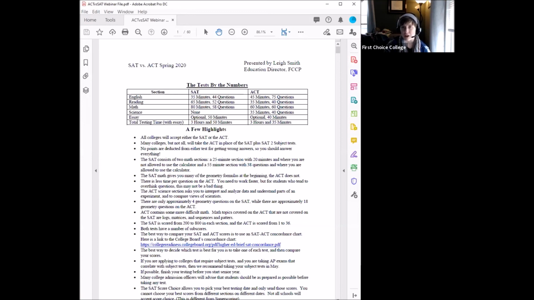Almost all of the algebra and geometry equations you might need are available at the beginning of the math section. That being said, there aren't that many geometry questions. So if geometry is a strength for a student, it's not going to show up as strongly on the SAT. It's not going to be a chance for them to shine. That's something some students should keep in mind.